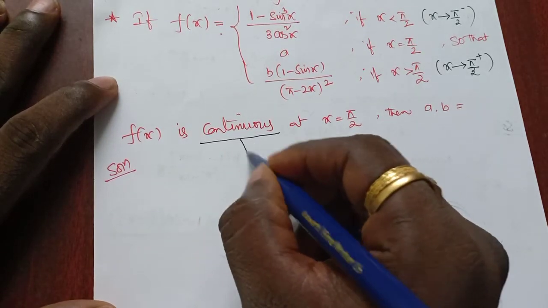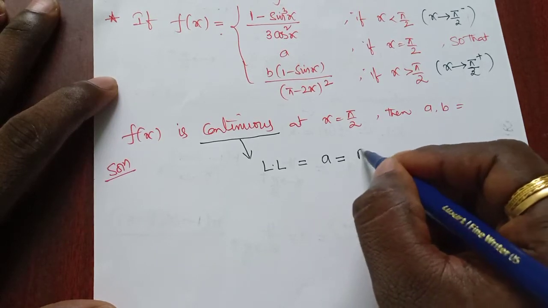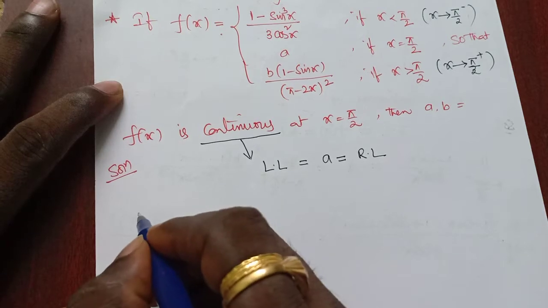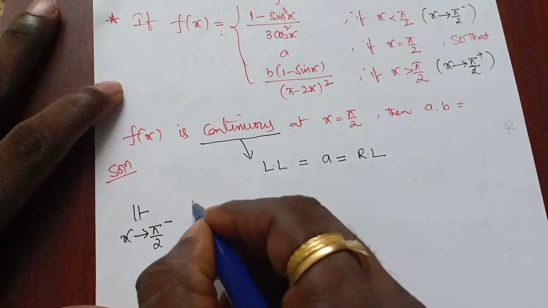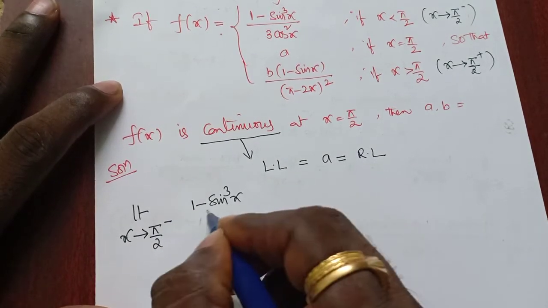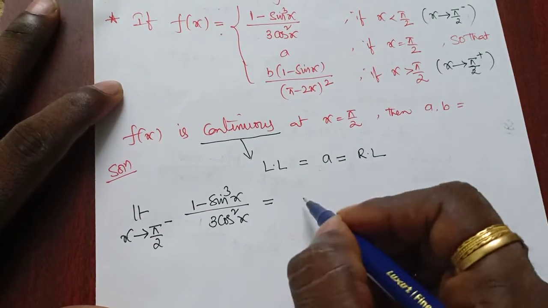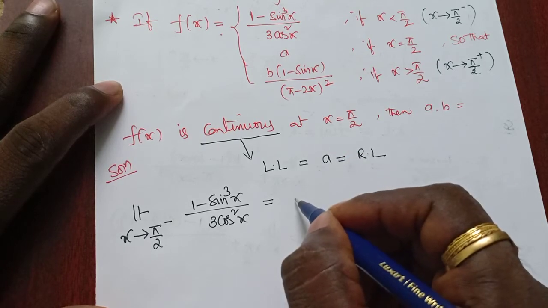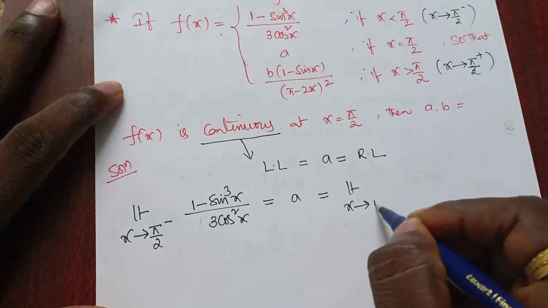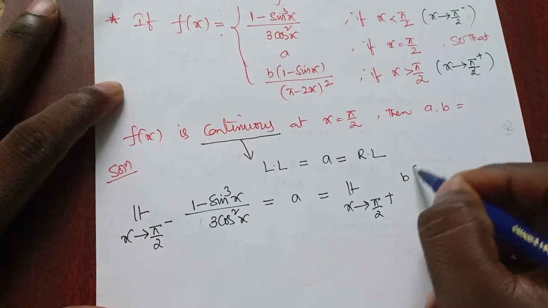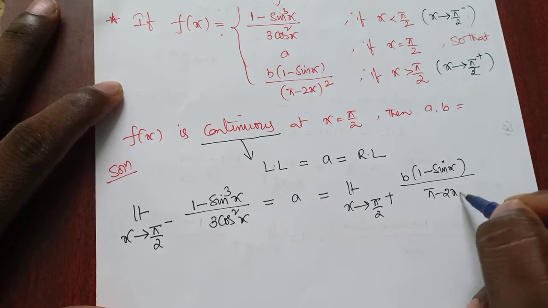Now take the left hand limit, which is limit x tends to pi by 2 minus (1 minus sin cube x) by (3 cos square x), which is equal to the value of the function, that is a, which equals the right hand limit: limit x tends to pi by 2 plus b into (1 minus sin x) by (pi minus 2x) whole square.